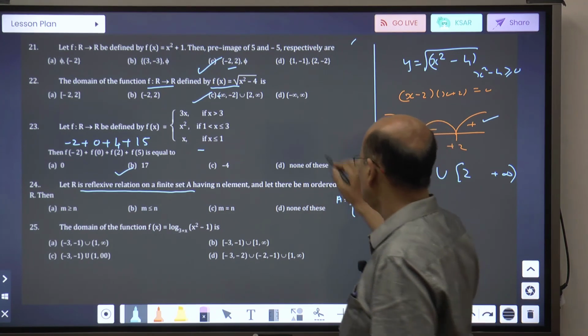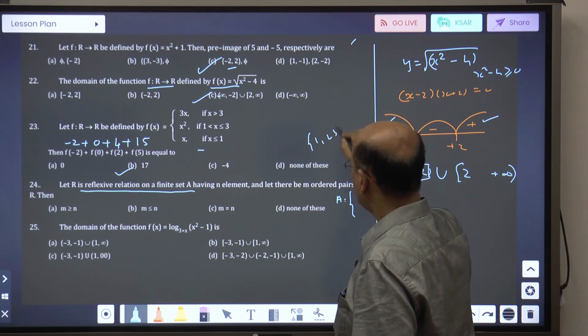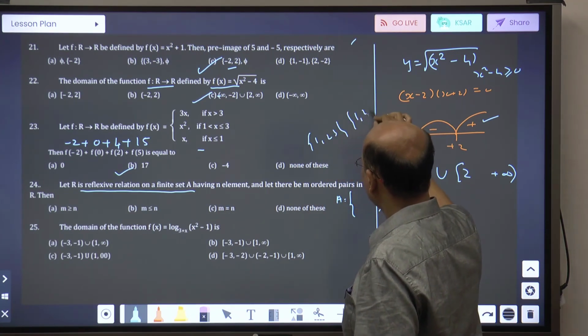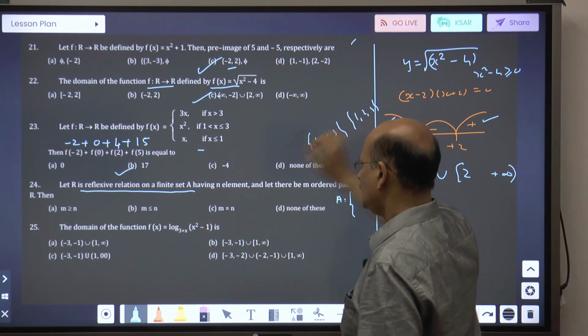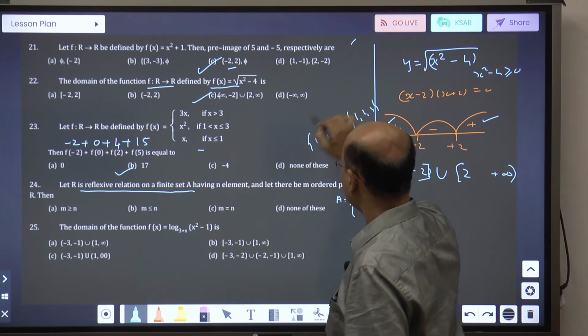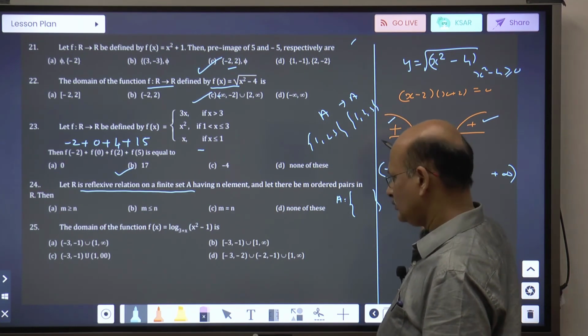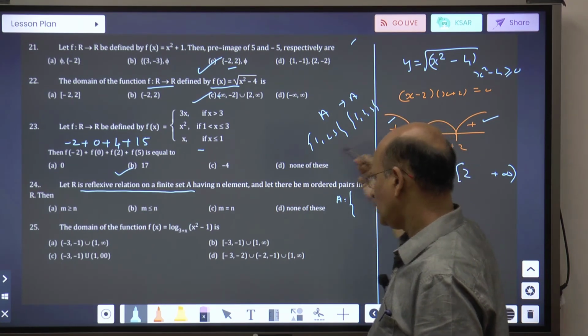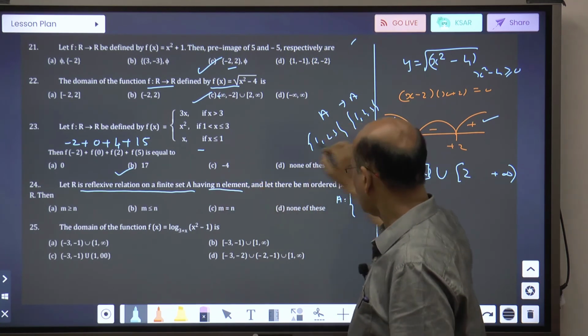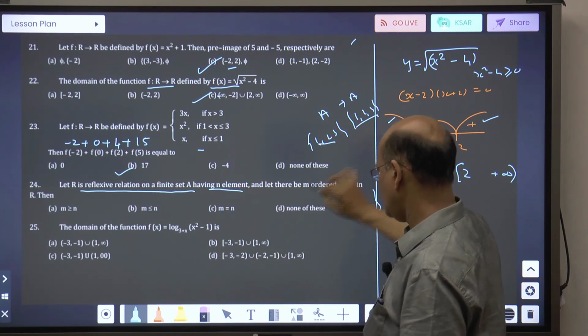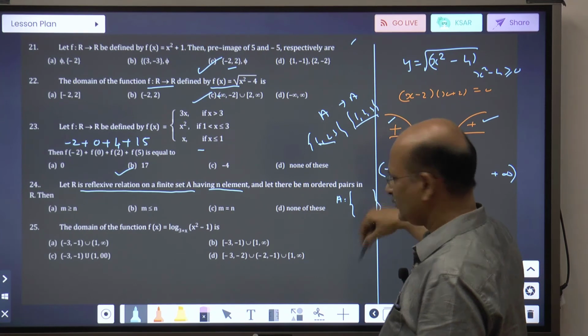So look, suppose it is 1 2 3 and it is 1 2 3 on finite set A. So A to A is given. So 1 1, 2 2, 3 3 is possible, right or not? Okay, having n elements. So here there are 3 elements, here also 3 elements. Then let there be m ordered pairs. That's fine.